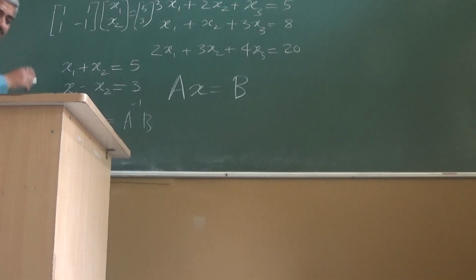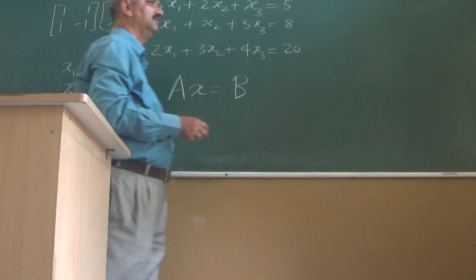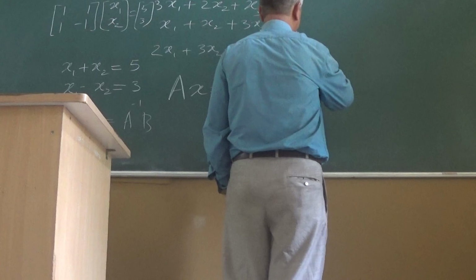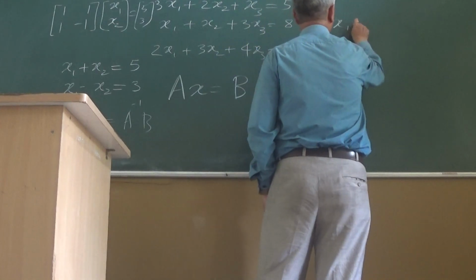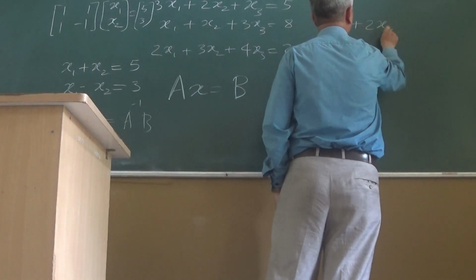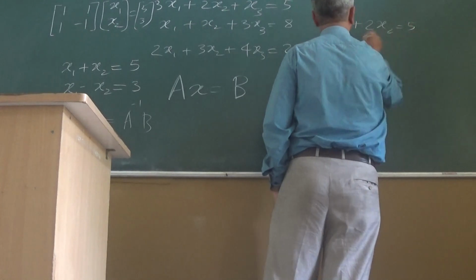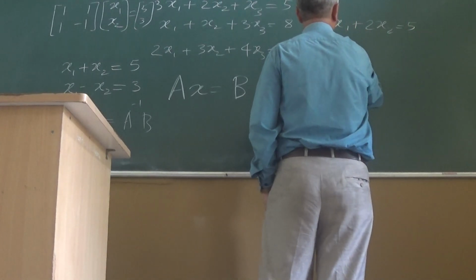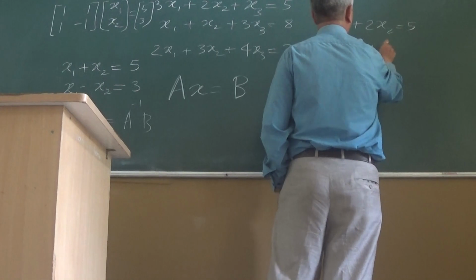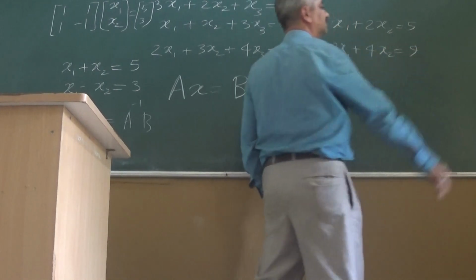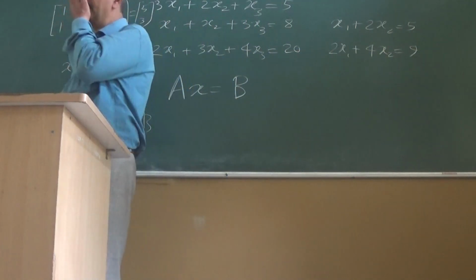Now, you try to solve the following set of equations by the matrix method. x1 plus 2x2 is equal to 5. 2x1 plus 4x2 is equal to 9. Be quick.